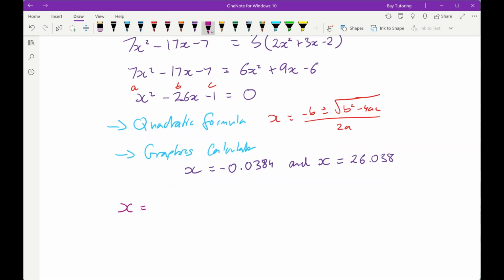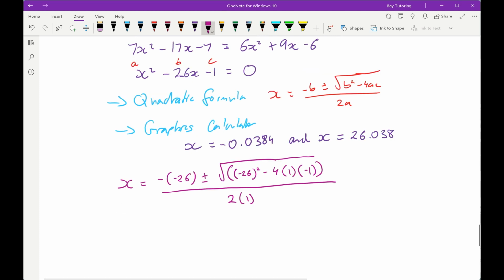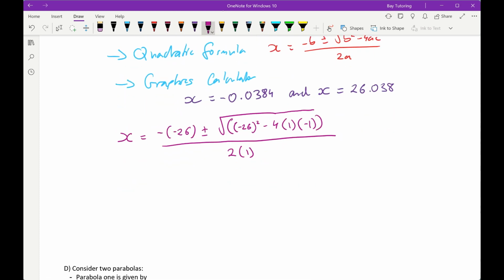Okay, so x equals negative b, which is itself a negative, so we've got a double negative, which is always fun, plus or minus the square root of b squared minus 4a, which is 1, c, which is negative 1. The extra pair of brackets here is for when we put this into the calculator, over 2a, which is 1.